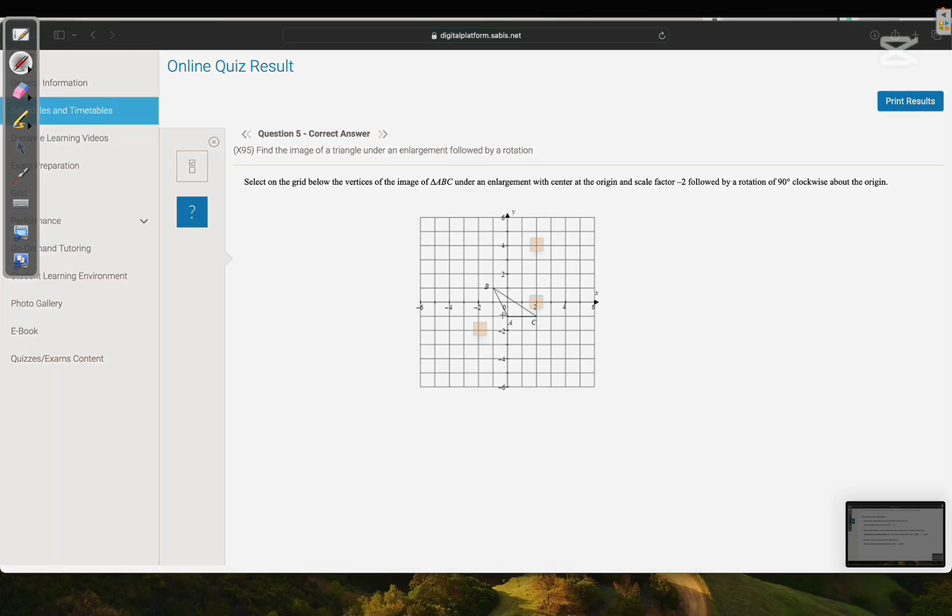First, let's get the points A, B, C. A is 0, -1. B is -1, 1.